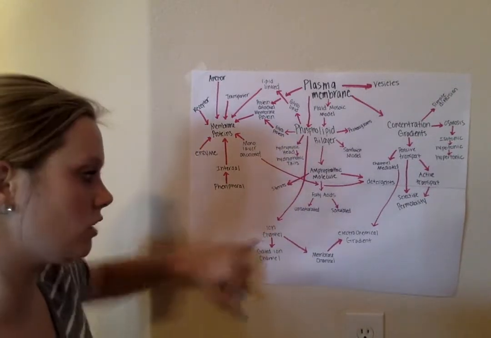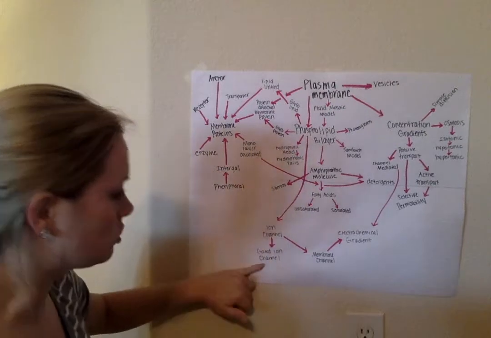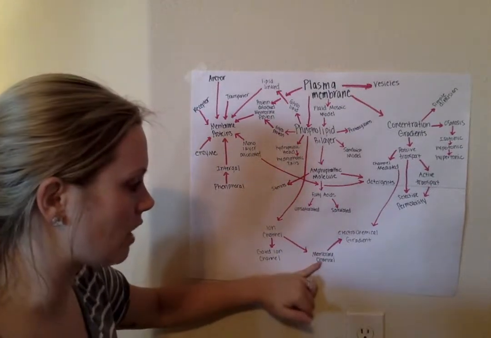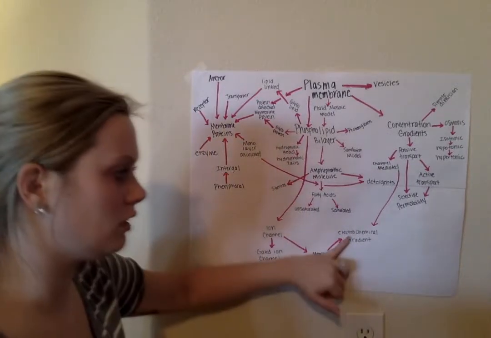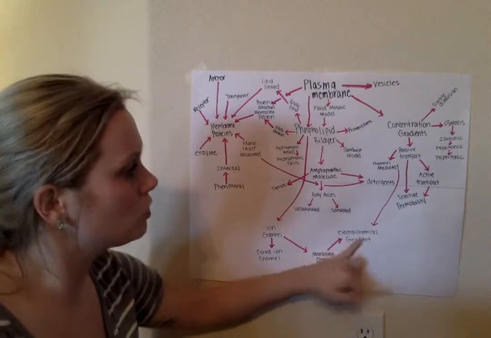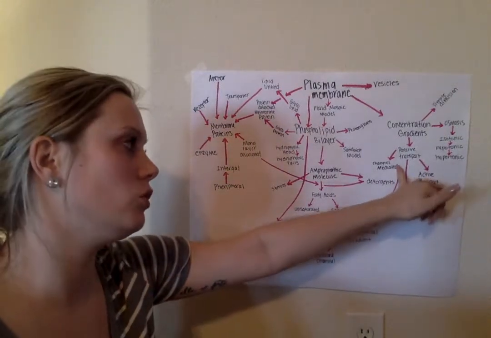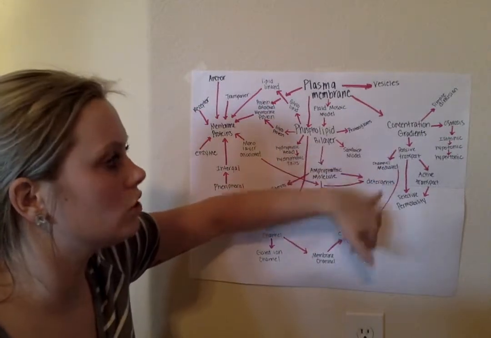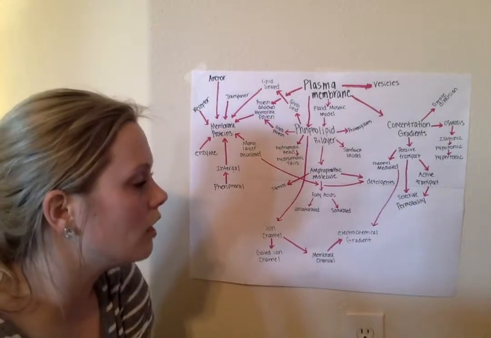Through these ion channels, there are different kinds. There are membrane channels and gated ion channels. What I thought was pretty neat with the membrane channels is that they go across the electrochemical gradient. So those two work together, which also brings you to channel mediated, which can use either the concentration or the electrochemical gradient.